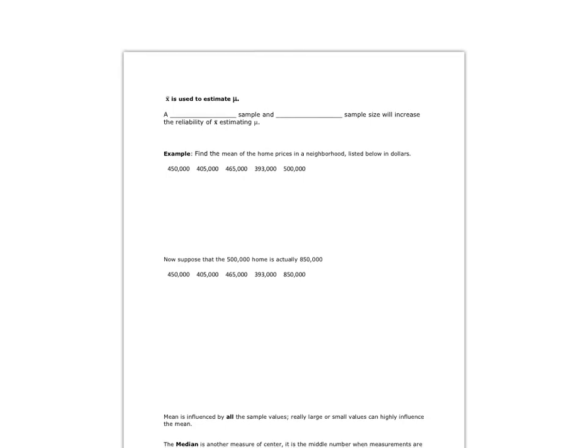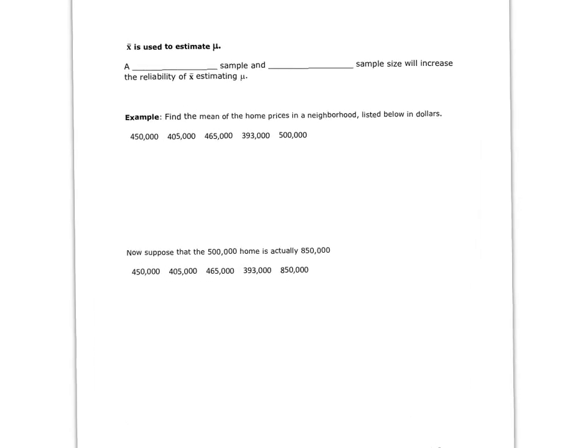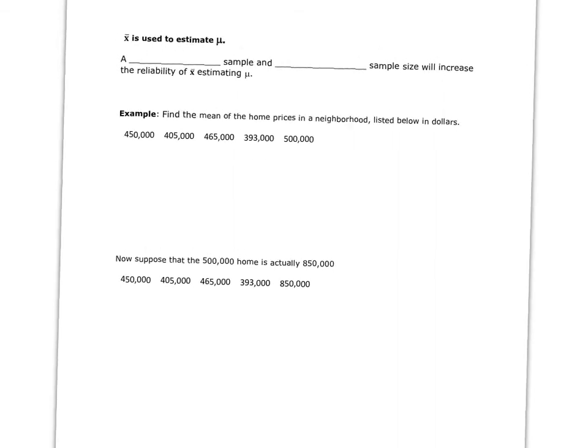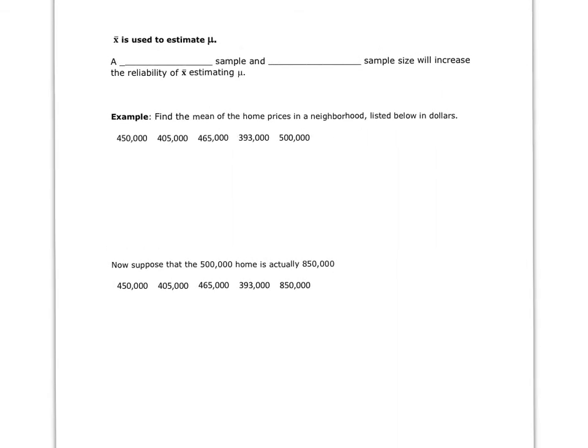So we've said that x bar is used to estimate mu. So we're going to want x bar to be the best possible estimate. Just a couple things to tie this back to what we talked about in chapter 1. If we're going to use a sample mean to estimate a population mean, we're going to use x bar to estimate mu.